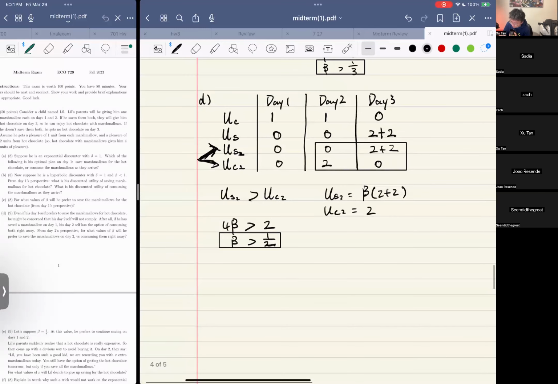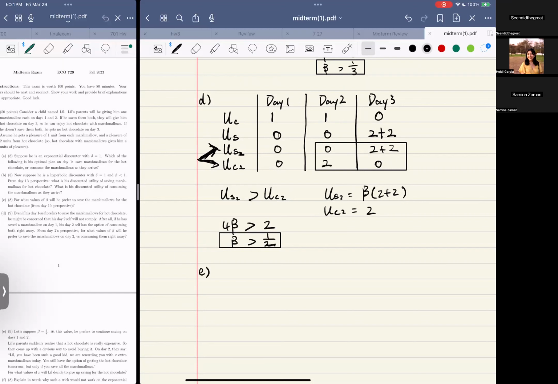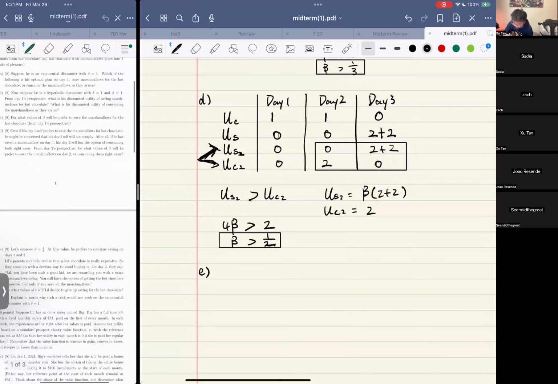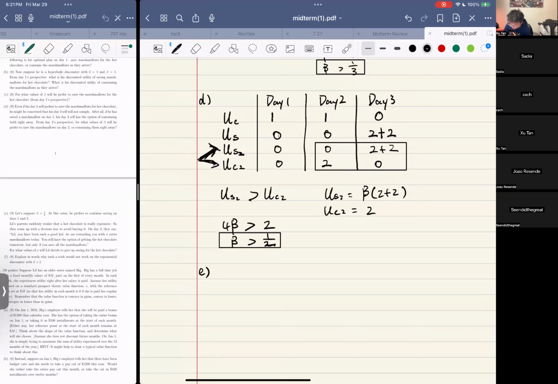Okay, so let's look at E. Stop me if you have any question or anything. Okay, we're good. Let's look at E. Let's suppose beta equals 3/4.